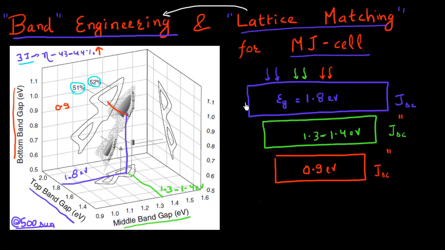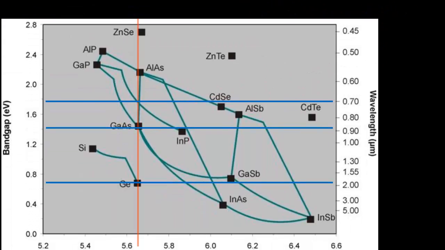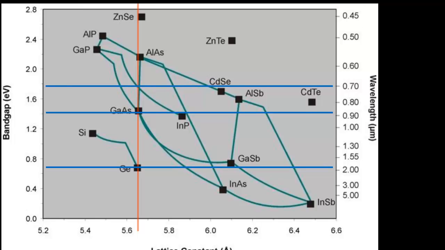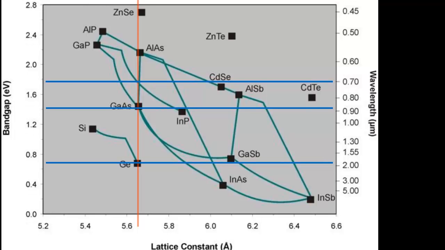So now my job is to figure out what combinations of semiconductors provided to me by Mother Nature can provide these different band gaps and, at the same time, can be grown on top of each other. So the next chart which I'll stare at for quite some time is this chart which plots the band gap of different III-V semiconductor materials as a function of their lattice constant.